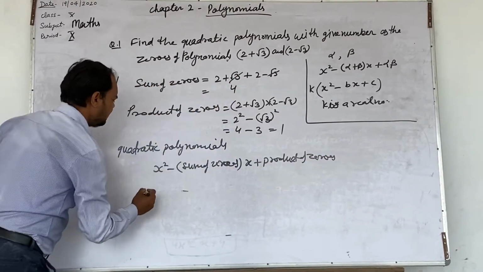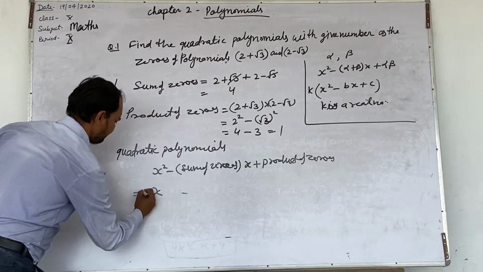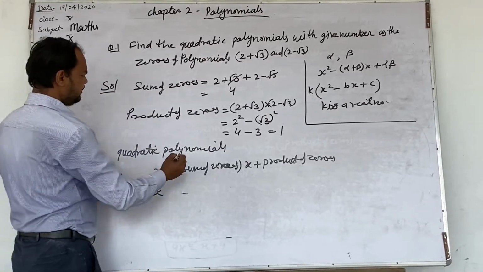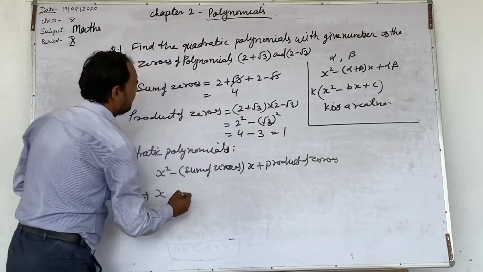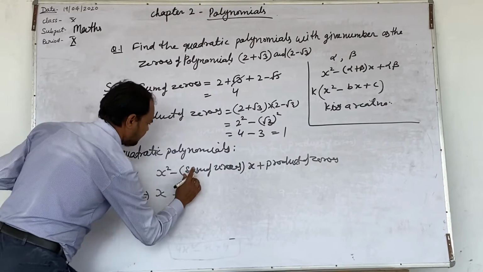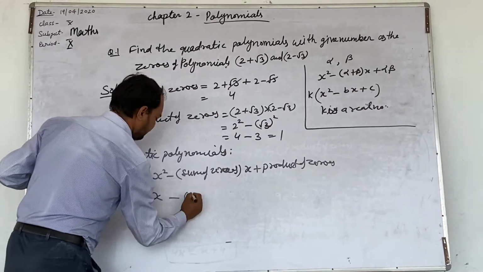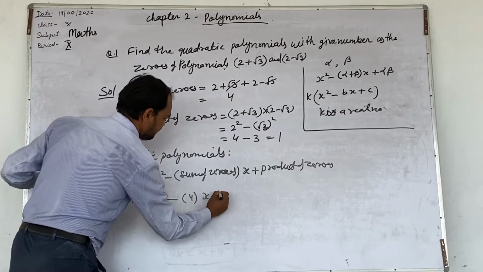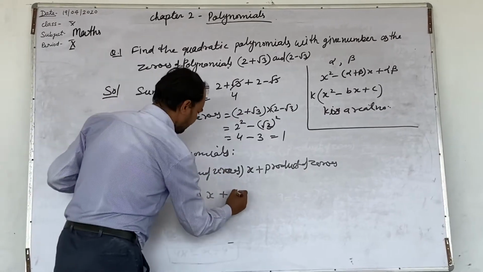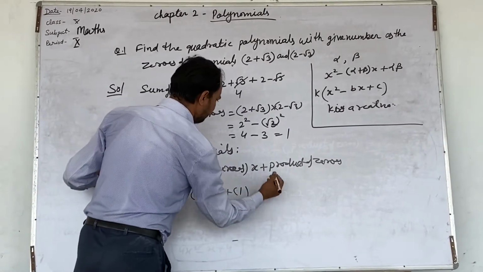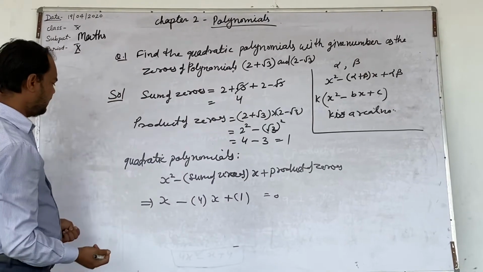What is the sum of zeros? It is 4, into x, plus the product of zeros is 1. You can write 0 here also. If you don't write 0 here, no problem.